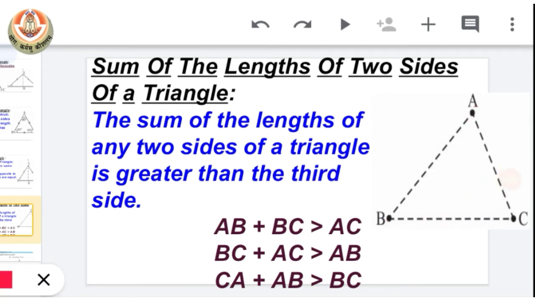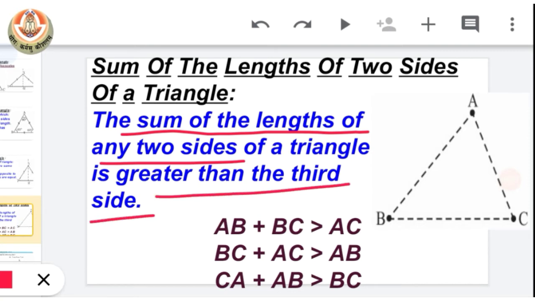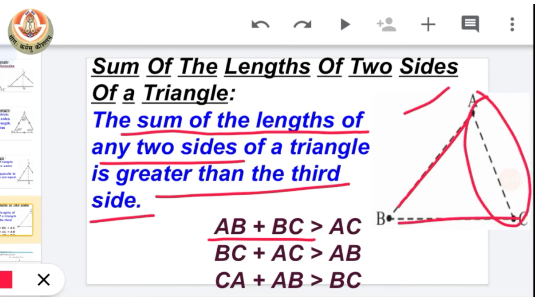Let's see what its statement says. The sum of the lengths of any two sides of a triangle is always greater than the third side. That means if we take this triangle as an example, when we add AB with BC, their sum should be greater than the third side AC.